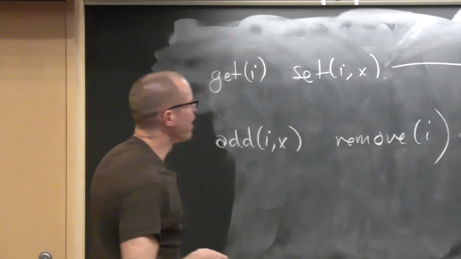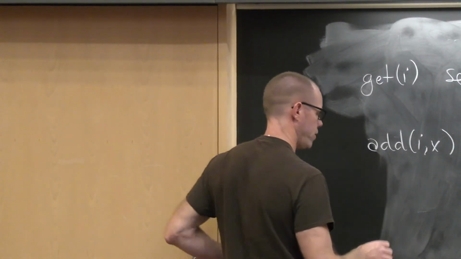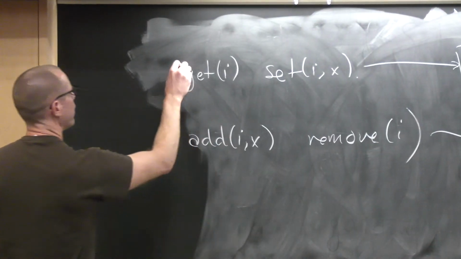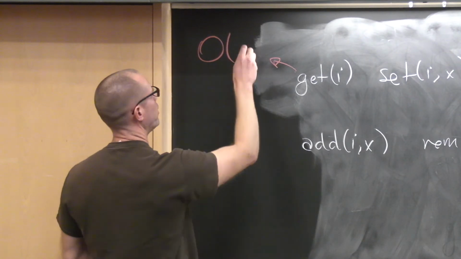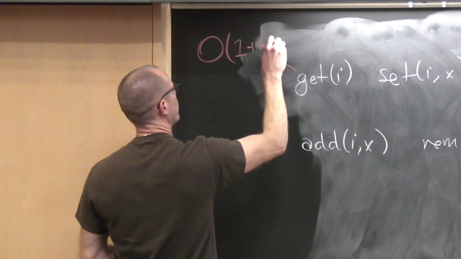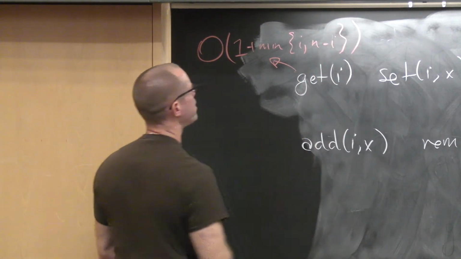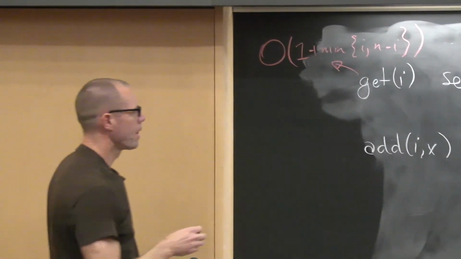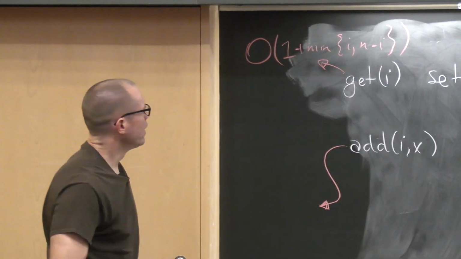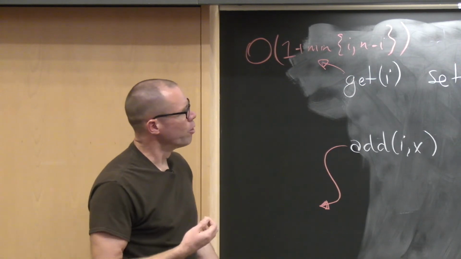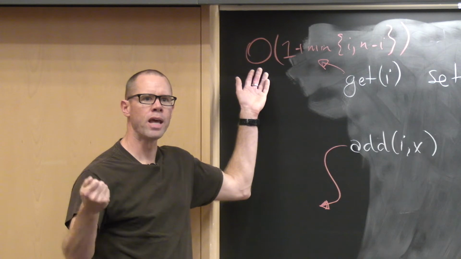And if you use linked lists, well, then it gets worse in some sense. Get and set are the ones that take a lot of time, let's say in a doubly linked list. And for add and remove, the hard part is just getting to the node that you need to add or remove.